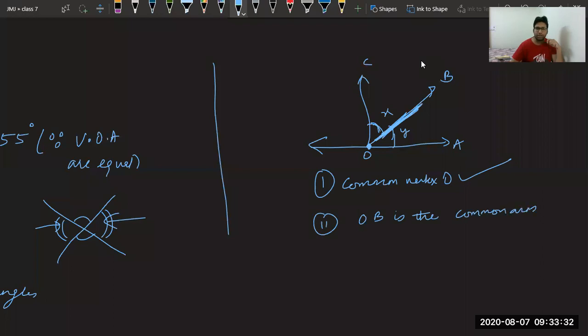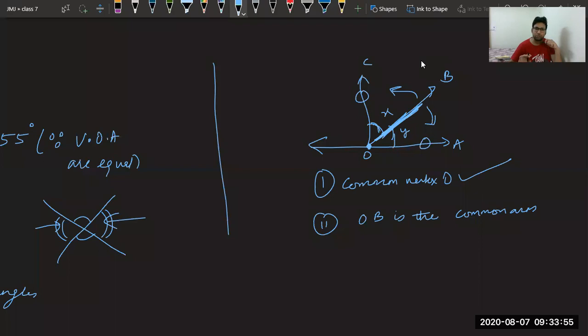Third property is the uncommon arms should lie on different sides of the common arm. Yes, they are in a hurry to solve question number 12. Don't be in a hurry. As per Daksh, you people are doing it hurriedly. That's why you're not able to understand. Please calm down.